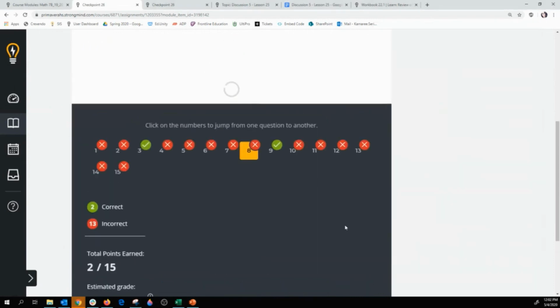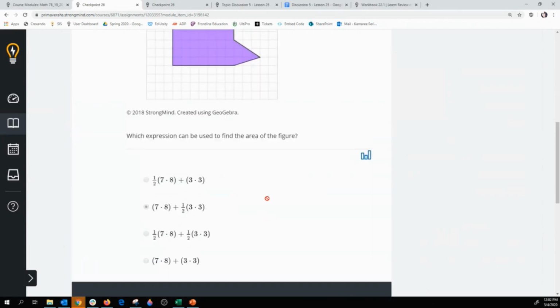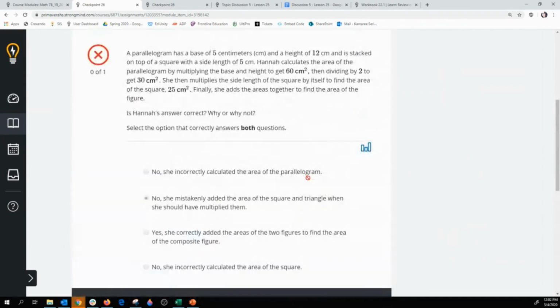All right, next one. Next one is 8. And on 8, we have a parallelogram that has a base of 5 centimeters and a height of 12 centimeters, and it is stacked on top of a square.